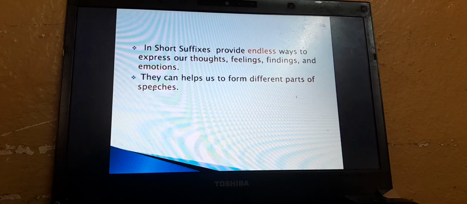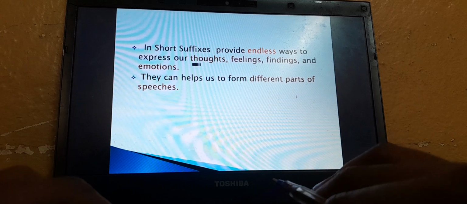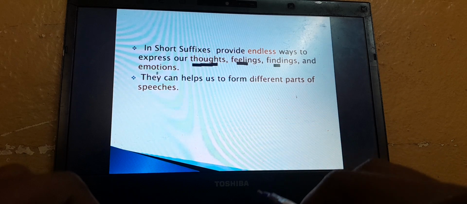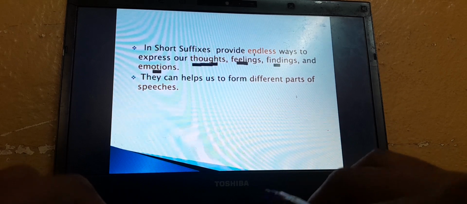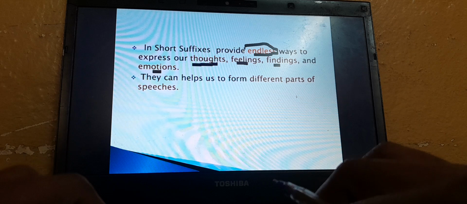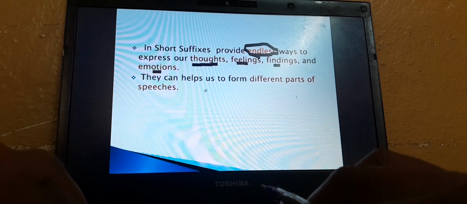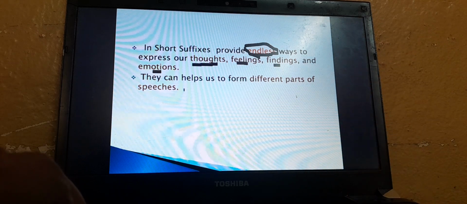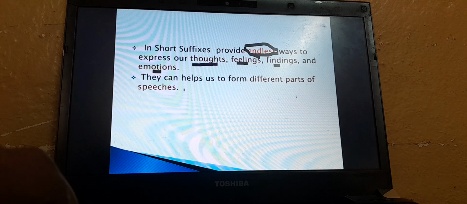In short, suffixes provide endless ways to express our thoughts, feelings, findings, and emotions, so we should study and learn more about suffixes in English. They can help us to form different parts of speech. Let me show below the way we form different parts of speech by using suffixes.